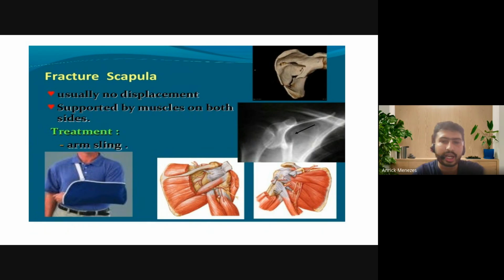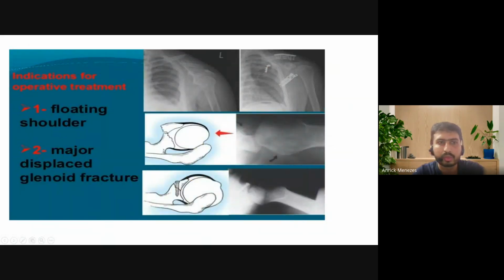The forces acting there will mostly stabilize it, but over a period of time larger forces could lead to a fracture of the scapula. So here is one more indication, the floating shoulder. A major displaced glenoid fracture could be one of the indications for operative management of the scapular fracture.